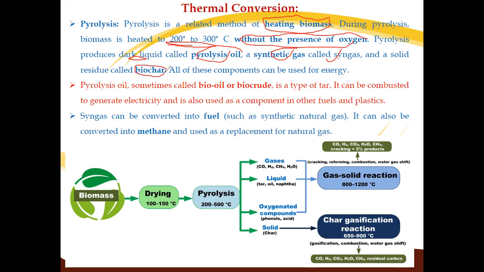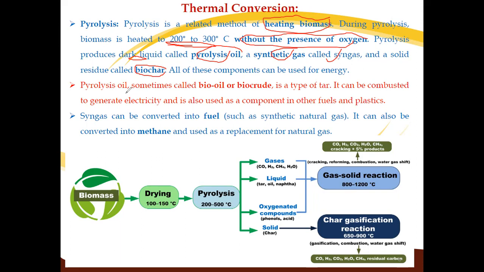So by using the pyrolysis process, we get pyrolysis oil, which is a liquid fuel. Then we get a gaseous fuel called synthetic gas, and we get a solid fuel or solid residue called biochar. So all these components, that is pyrolysis oil, synthetic gas, and biochar, are used for energy.